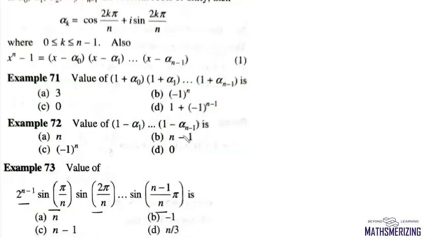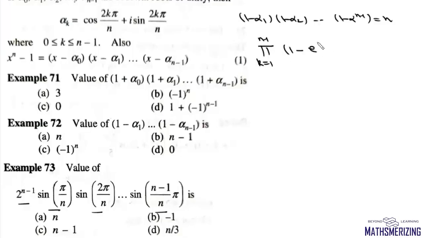Now we'll use this second result to prove this third result. Now the second result, we know that (1 − α₁)(1 − α₂)…(1 − αⁿ⁻¹) is n. We can write this as the product, k varies from 1 to n minus 1, of 1 − e^(2πik/n).